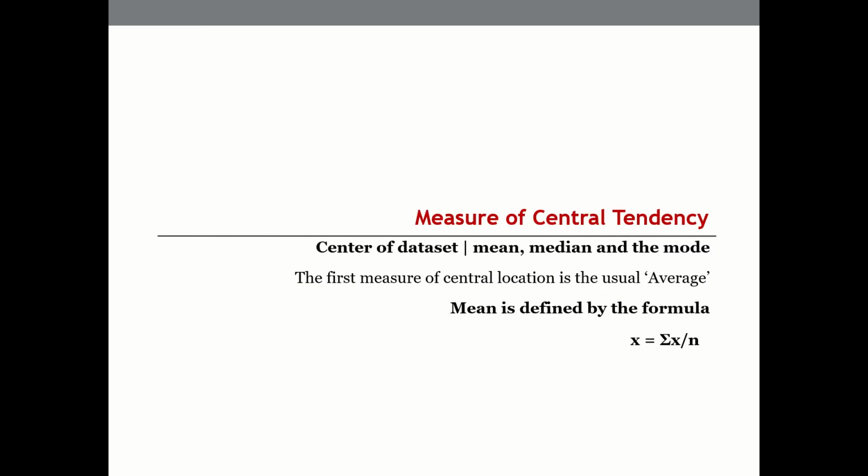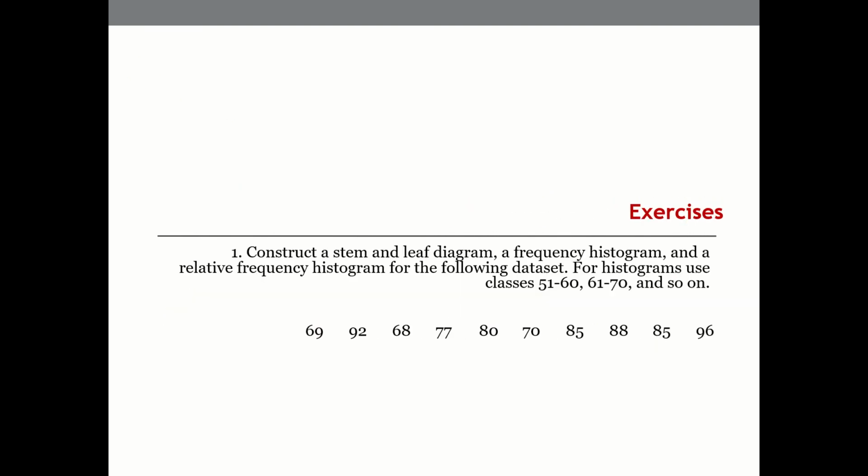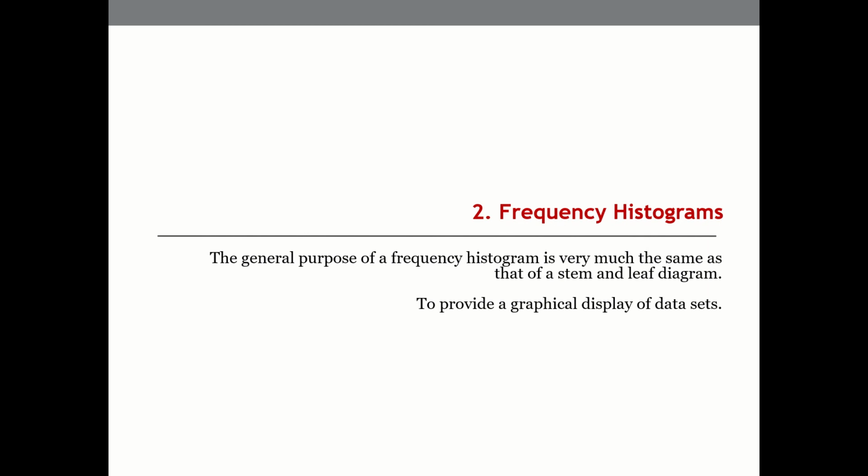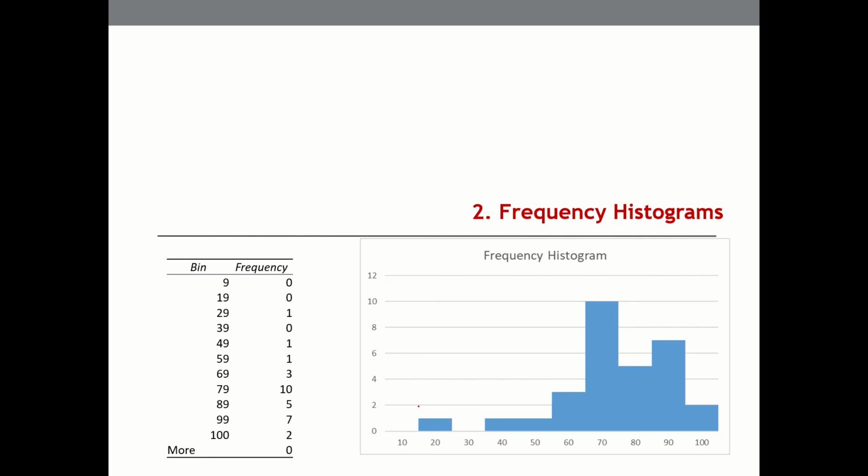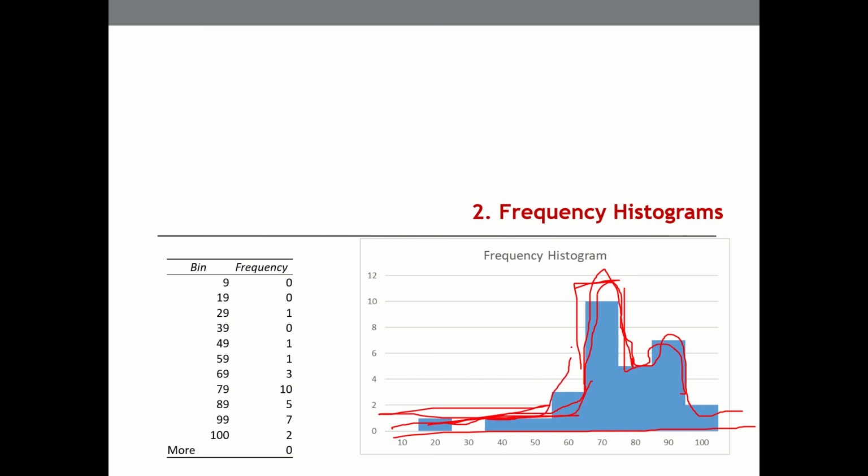That is one thing that we should keep in mind. We have seen in this data set, if you plot it, there's some high peak here, and then there's some spread of data here.